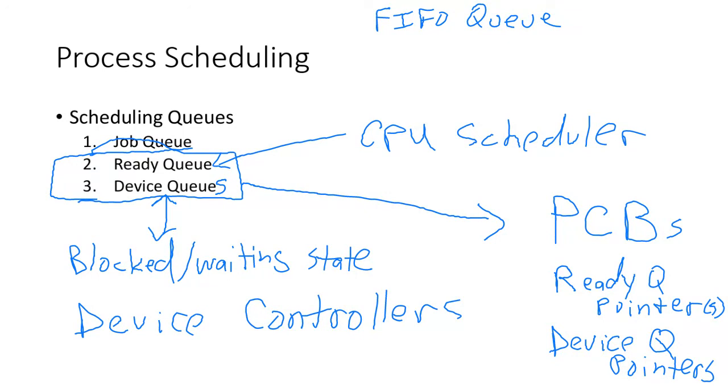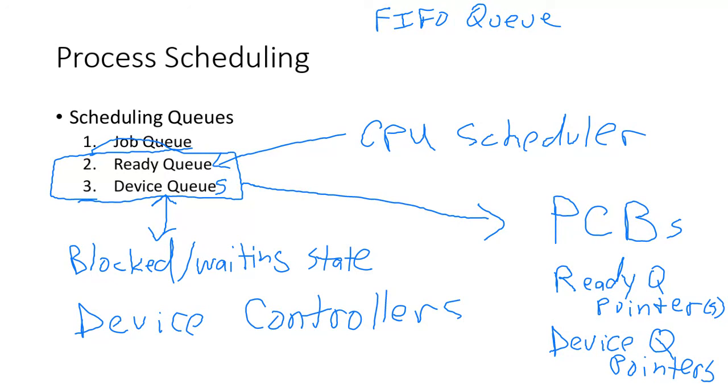Probably when you add new hardware, there's a device controller, and you have to install a device driver, then there would typically be, in the operating system, a device queue set up. I think you have to reboot the system. So then process control blocks would definitely have pointers for the new device controller and whatnot.